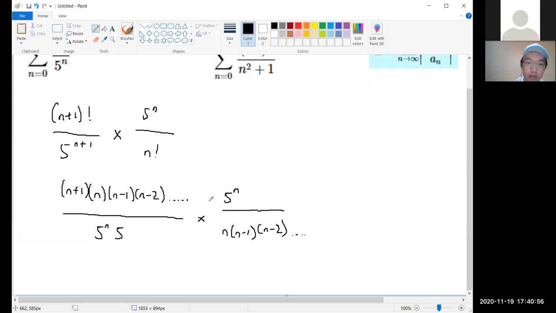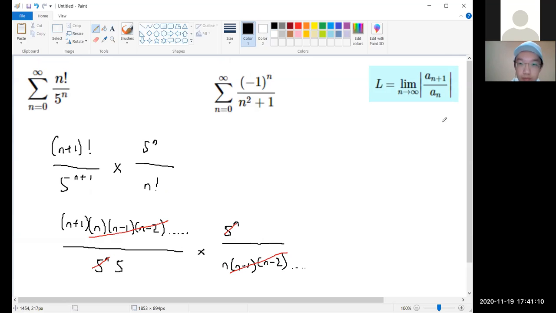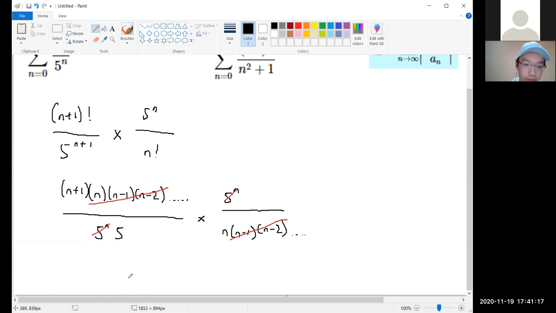So now you can see what cancels out. So you have this going away with this, and then you have the 5 to the n's going away. So that will leave you with just n plus 1 over 5.